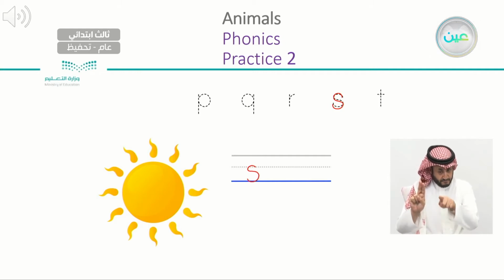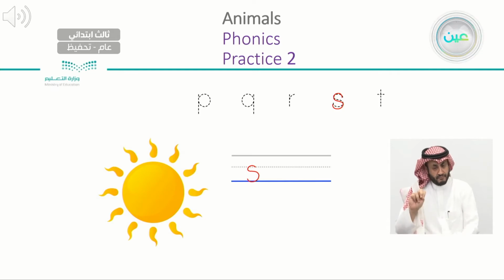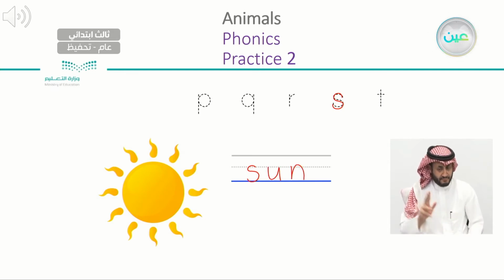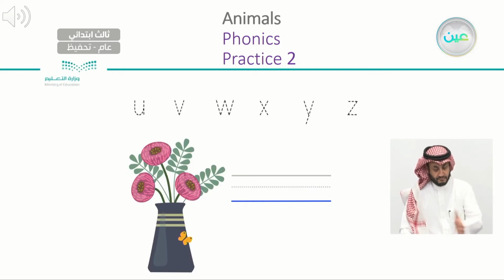The last sound is the letter N. In the middle we have U, like umbrella. Sun. Next. Number 5. Vase. So, the letter of the first sound is V.